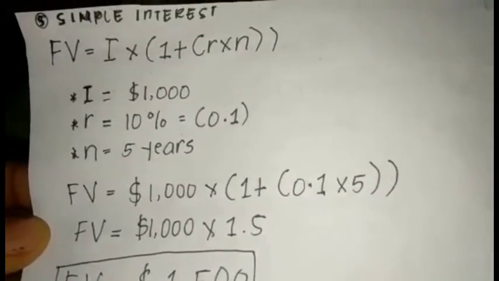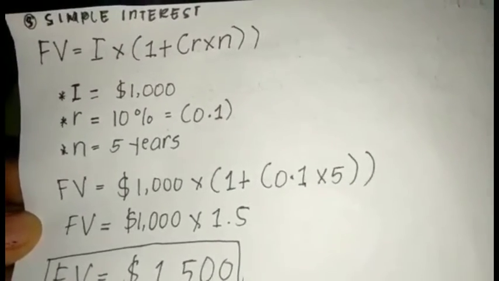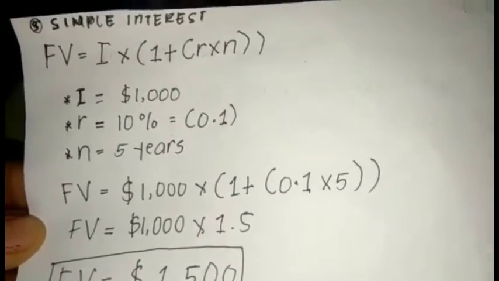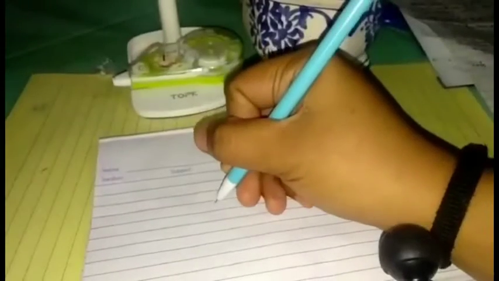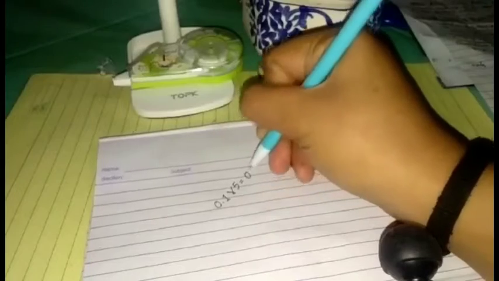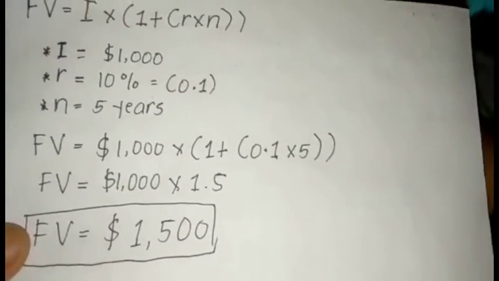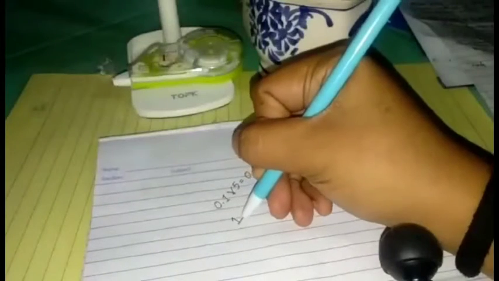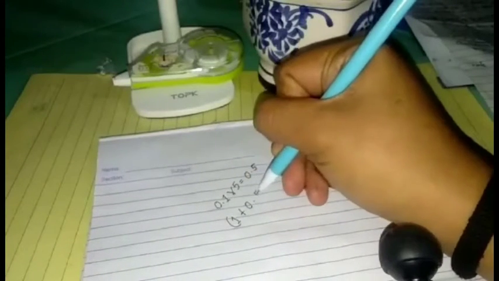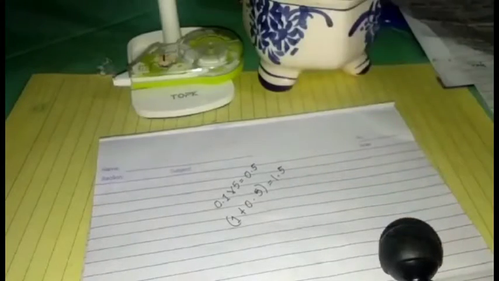First, we will get the product of 0.1 times 5, which equals 0.5. Then let's get the sum of 1 and 0.5, which equals 1.5.